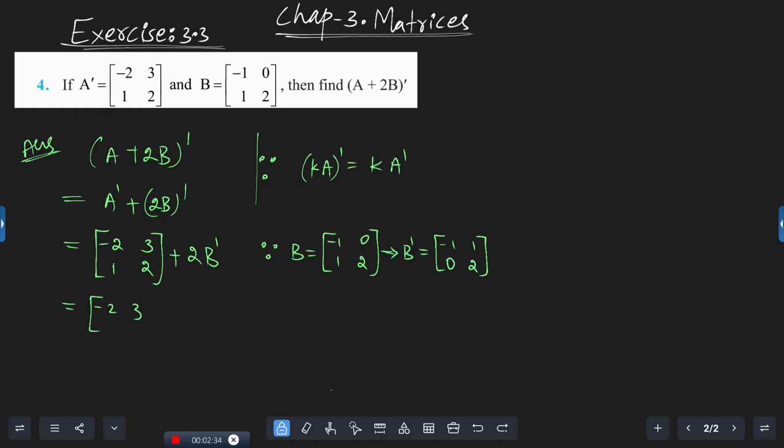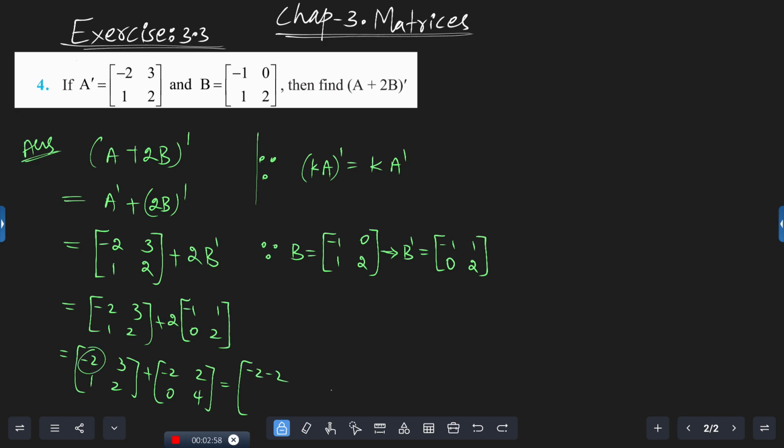So minus 2, 3, 1, 2 plus 2 times the B dash value: minus 1, 1, 0, 2. Take the 2 multiple inside. So when you do, what are you getting? 2 multiplied: minus 2, 2, 0, 2 twos are 4. When you add both, corresponding elements you should add.